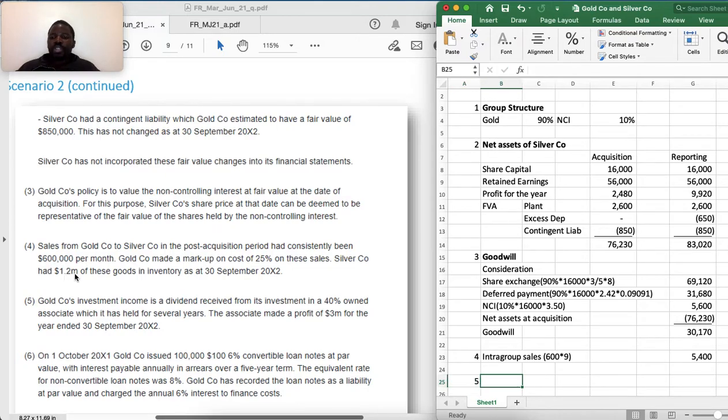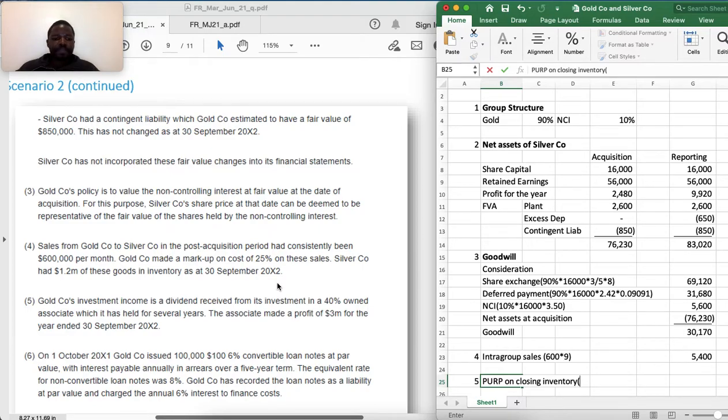We are also told that there is a closing inventory of 1.2 at a markup of 25%. So we need to remove the unrealised profit on closing inventory. That also affects the cost of sales.